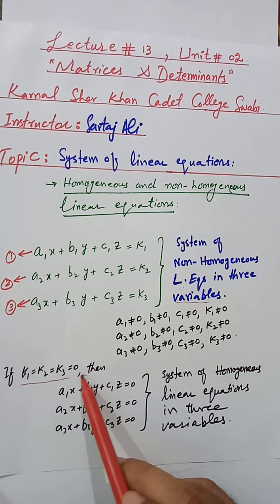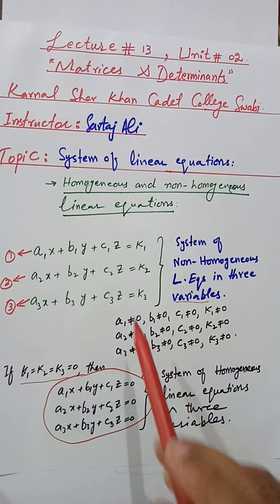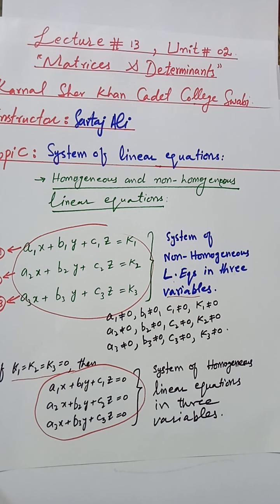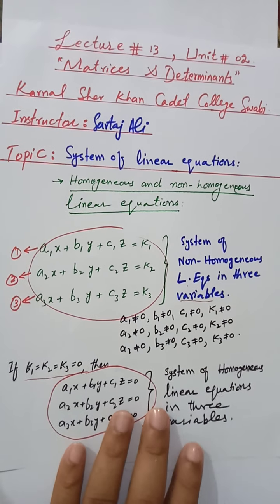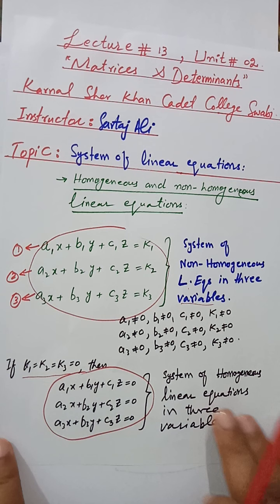So in this video lecture we will also discuss the solution of the system of homogeneous and non-homogeneous linear equations in 3 variables containing 3 equations. Okay, so this is the target of this video lecture.